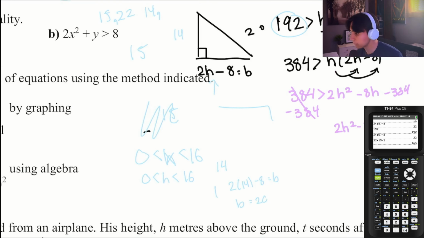Does this work? Let's try it. 14 times 20 divided by 2, because that's the area of a triangle, gives us 140, which is going to be less than 192.